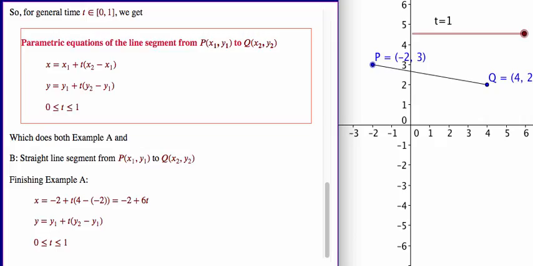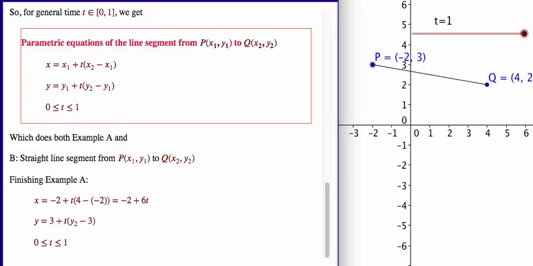What about the y coordinates? Well, I have to substitute for y1 and y2. y1 is 3 and y2 is 2. So I put in a 3 for y1 in both places. And for y2, I put in a 2.